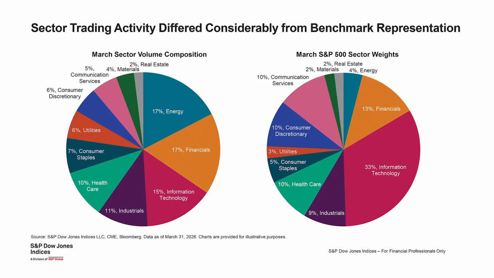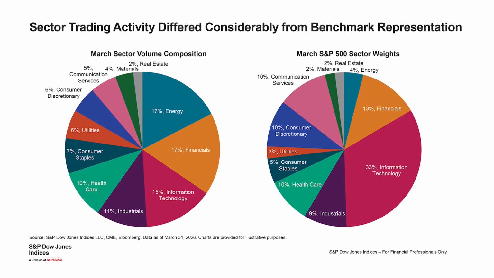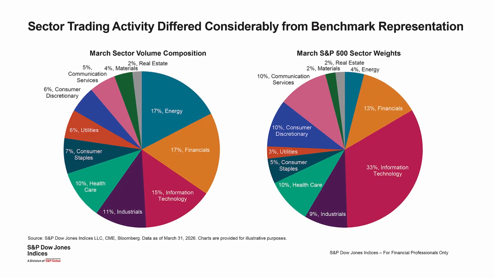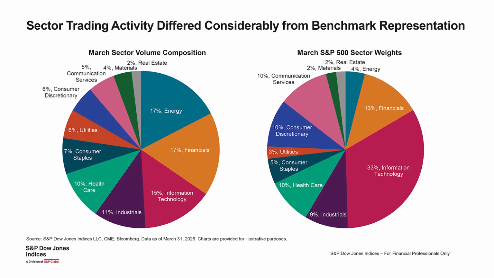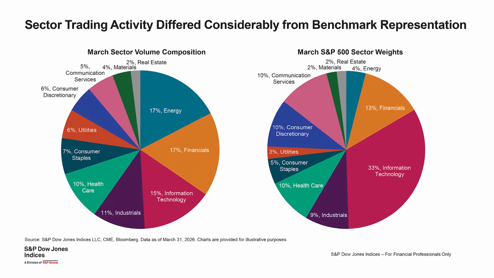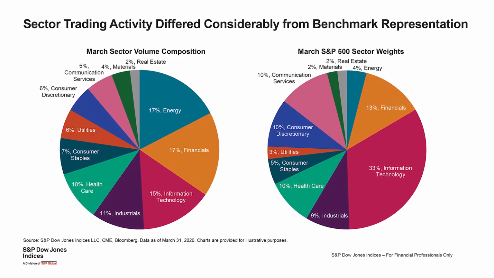So, for example, in March, we saw energy have a greater share of trading activity in comparison to its index representation, while information technology actually had a lower level of trading in comparison to its weight in the S&P 500. And that can be attributable to the increased level of geopolitical risk that we're currently seeing within the market.